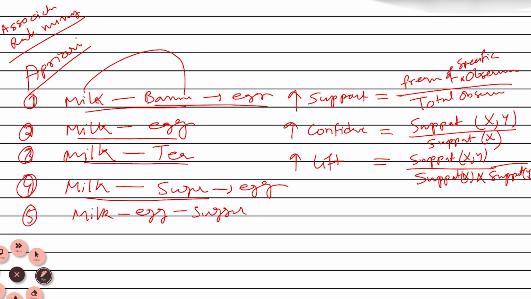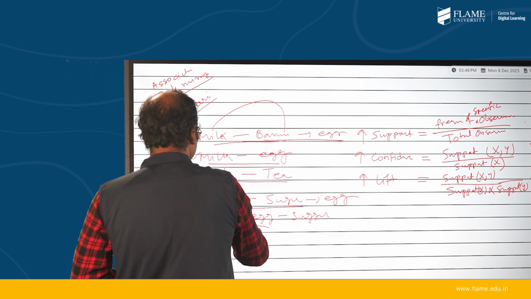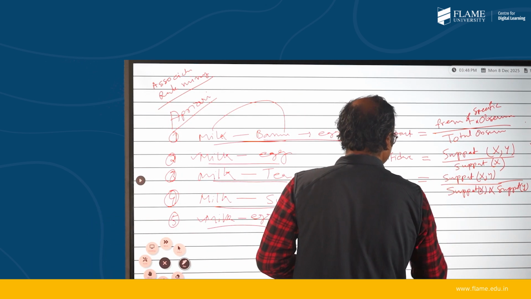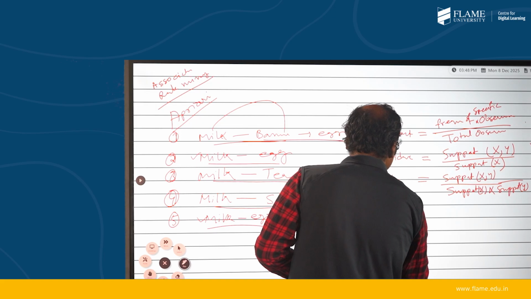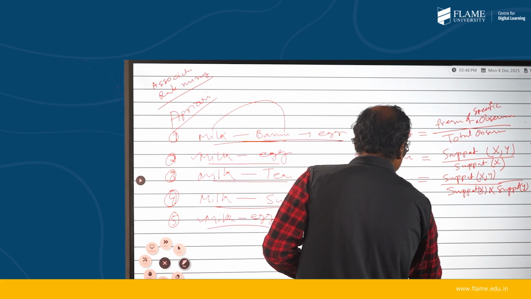Let us say we want to calculate the confidence for milk and egg. Then we have to find out the support, for how many times they appeared together. So 1, 2, twice they appeared. And how many times total observation? 1, 2, 3, 4, 5. So 2 by 5 is the support for milk and egg.